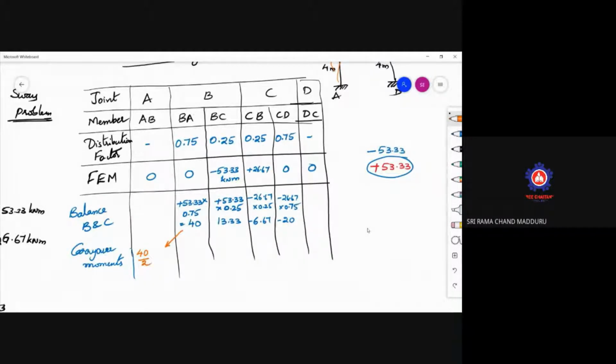From BC, the far end is nothing but CB. So from 13.33, as you have balanced, this is 13.33 by 2. Similarly for CB, the far end is BC, minus 6.67 by 2. And for CD, the far end is DC, minus 20 by 2.